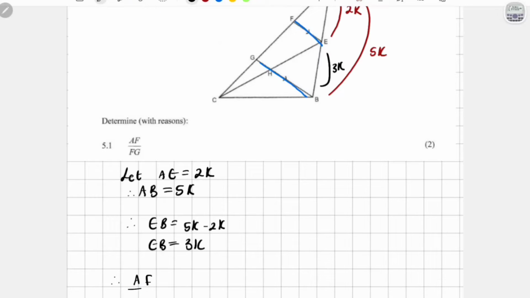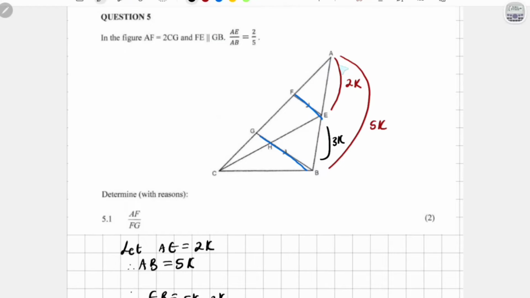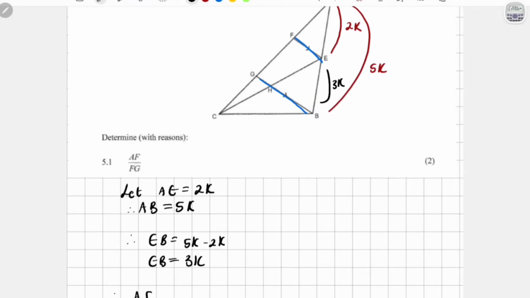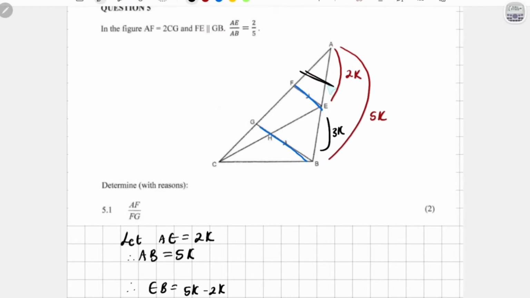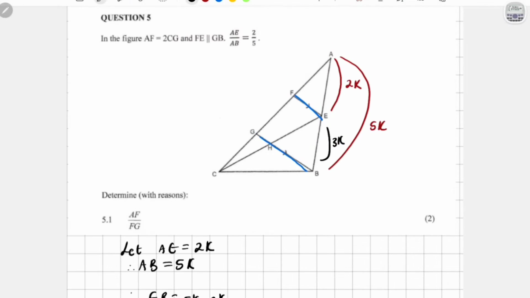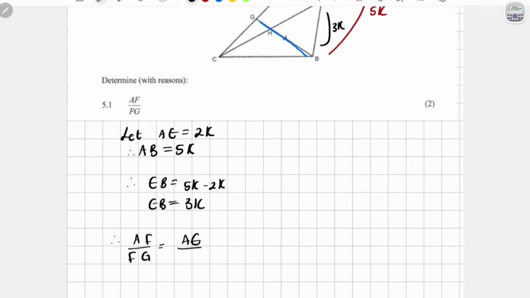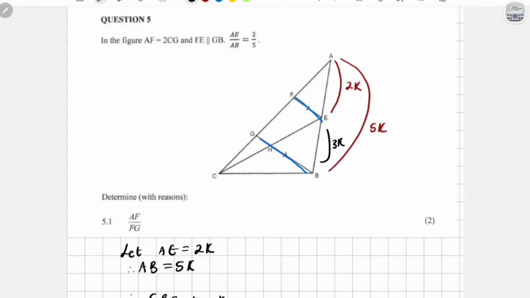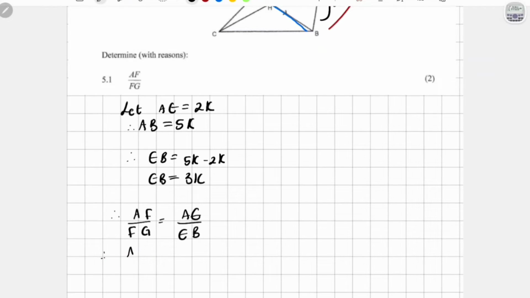I'll say that AF over FG is equal to, now I took AF, so I need to take AE, the one that is in line with it, the same side in line with it. So AE over, and that is EB, because FG, the one in line with it, is EB.